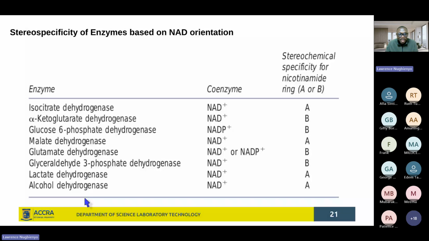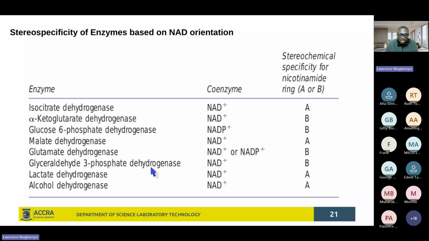All of them are dehydrogenases. And I mentioned in a previous lecture that when you see the name of any enzyme with dehydrogenase, you should quickly know that it is an oxidoreductase, an enzyme involved in oxidation reduction reactions. In fact, in some cases, dehydrogenase is a synonym for oxidoreductase.